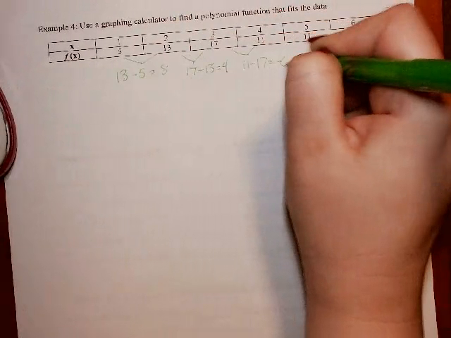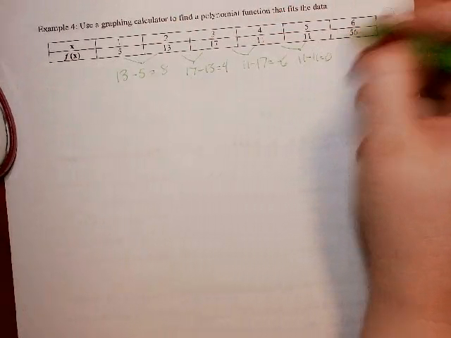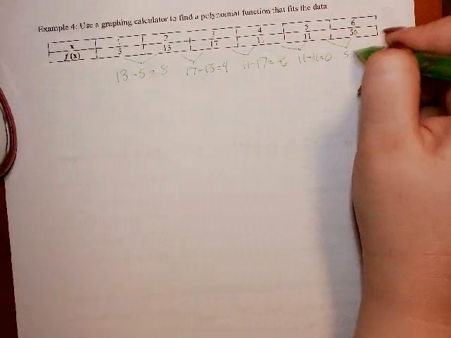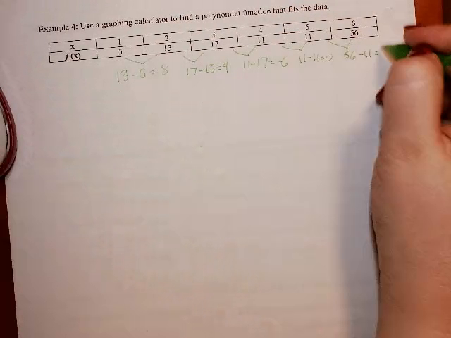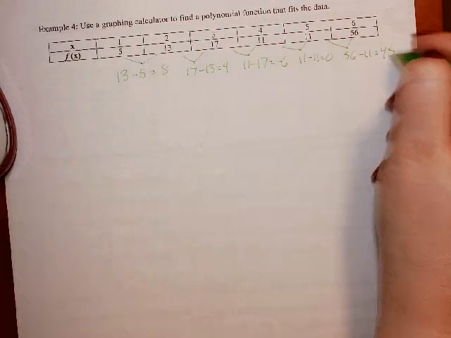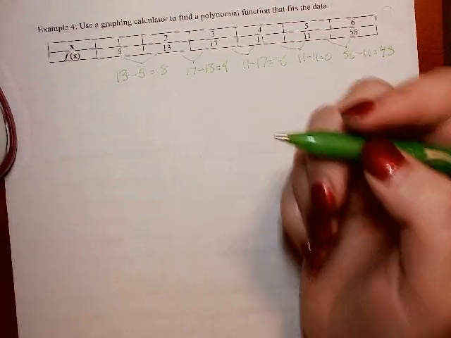And 56 minus 11 is 45. So that's our first order differences, and they're not all the same. So we go again.